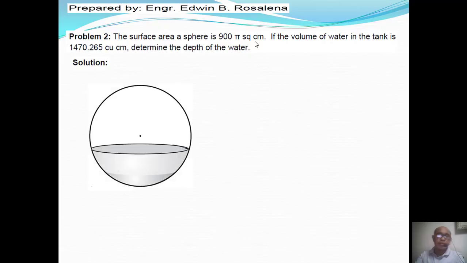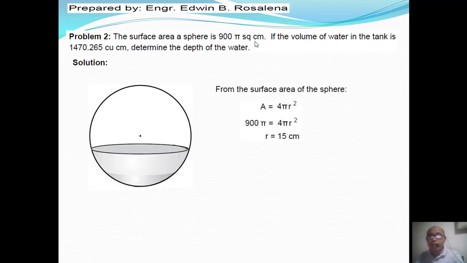So from the surface area equal to 4 pi r squared, and that is given equal to 900 pi, r is equal to 15. So when you have the water inside it, the volume is 1,470.265. So the water here takes the form of a spherical segment with one base.